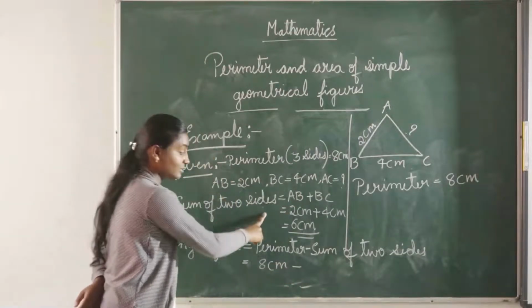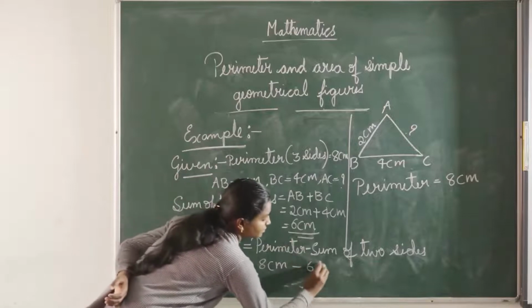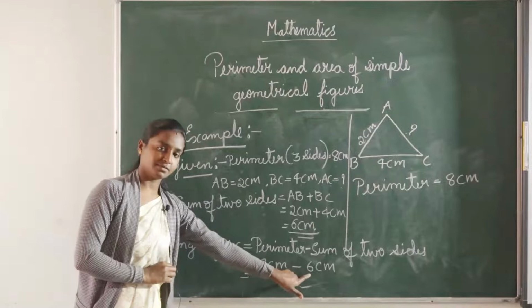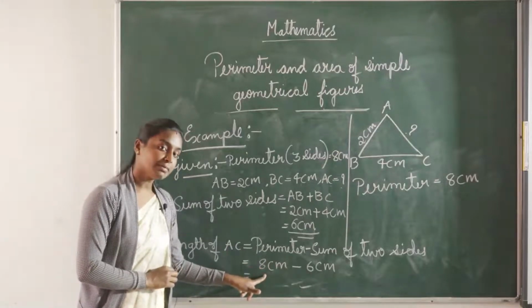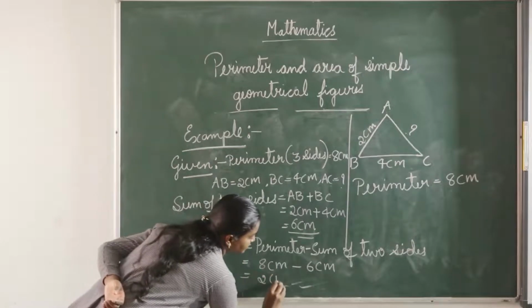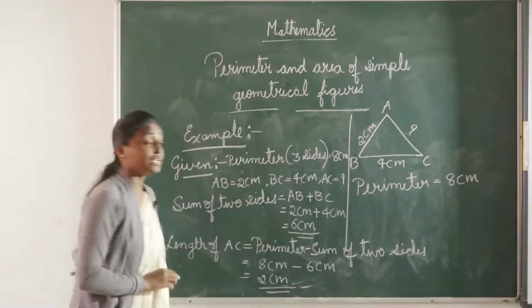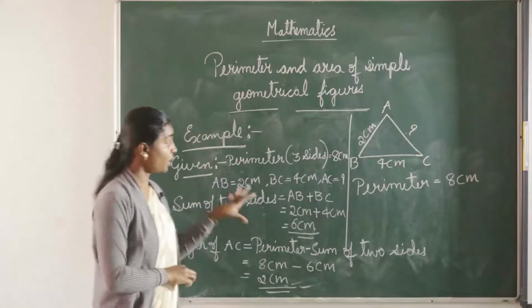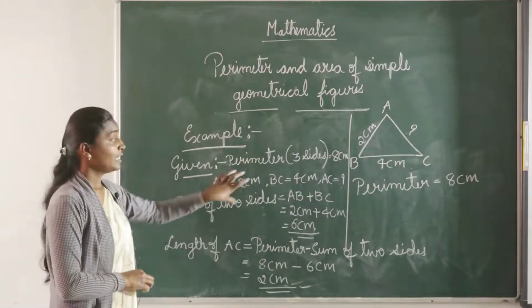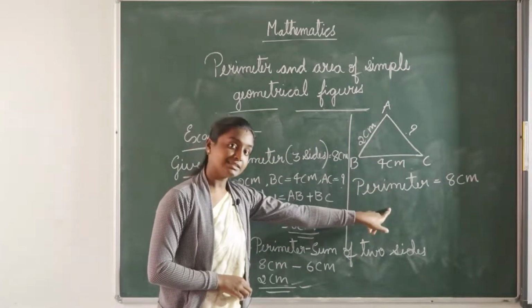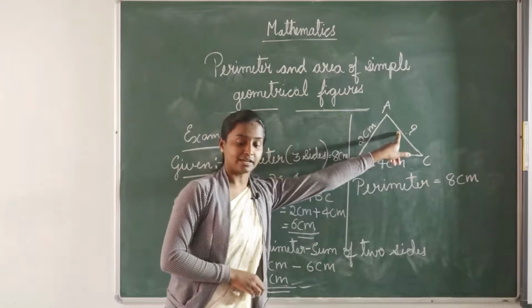And sum of two sides is how much? 6 centimeter. Now subtract. If you take 6 from 8, how much will remain? 2. Very good. 2 centimeter. So what is the measurement of third side? 2 centimeter. So what we learned in this problem? If they have given two sides and perimeter, we can easily find third side.